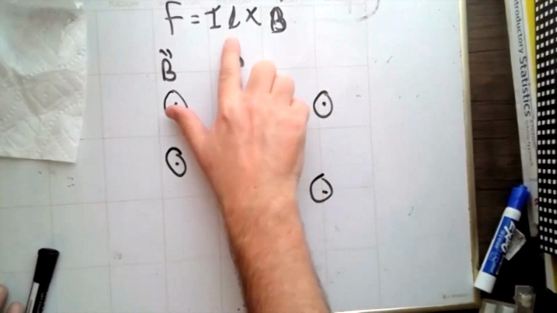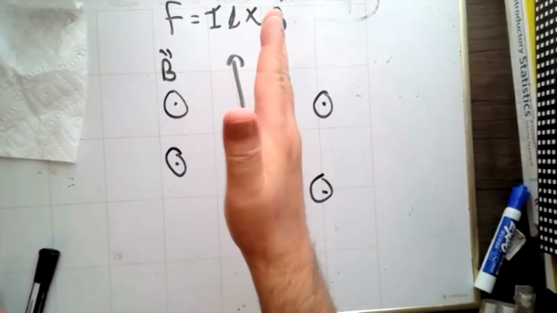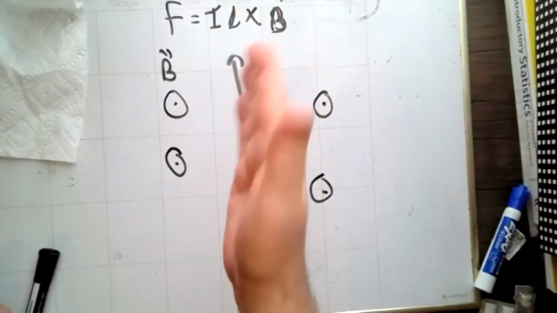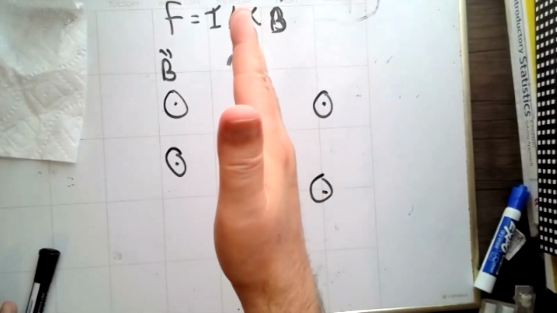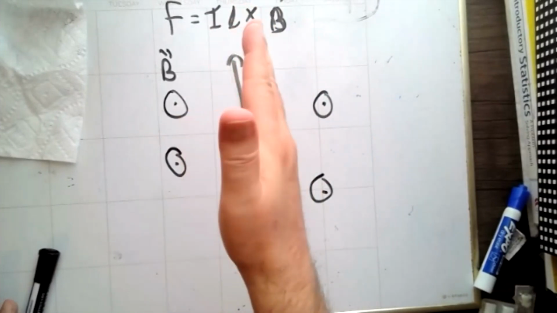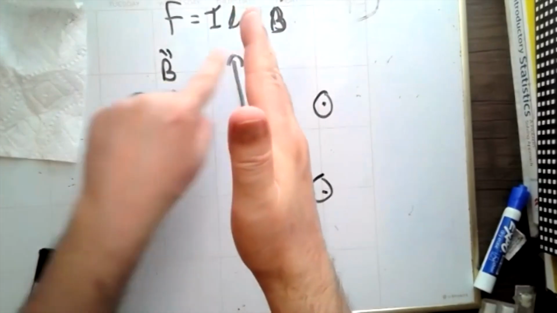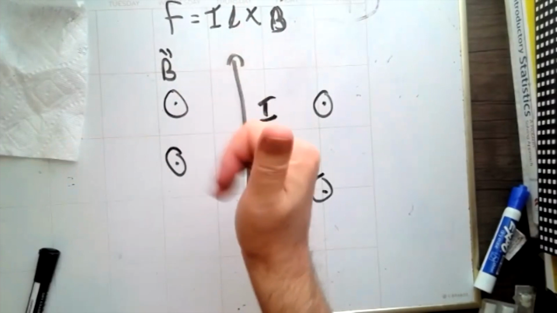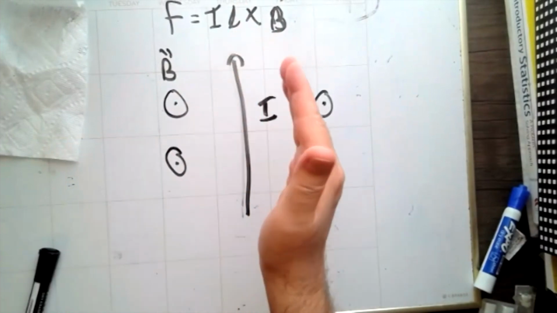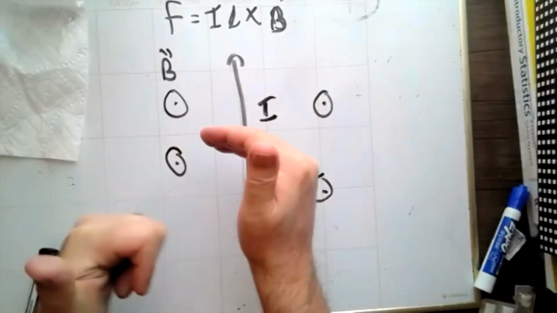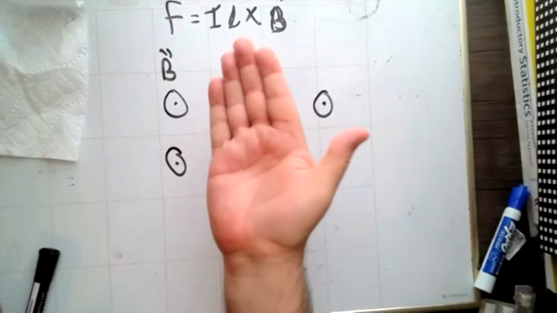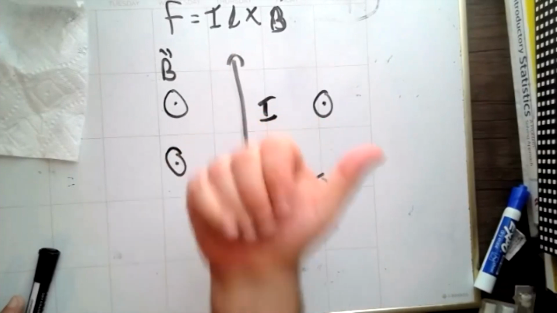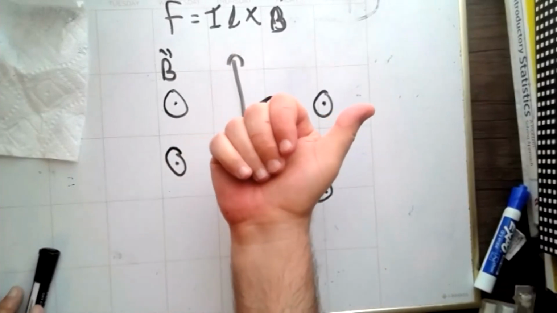Start with I, point my fingers in the direction of I. I have no idea which way my hand goes yet, but I know my fingers point towards I. Curl in the direction of B. That's the second one, I cross B. B points out, so I need to rotate my hand, I cross B. Then my thumb will point to the right.